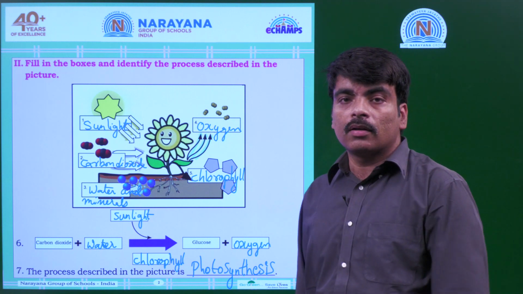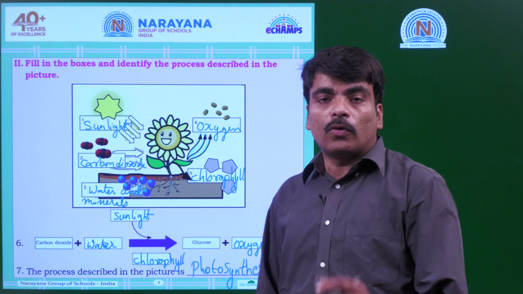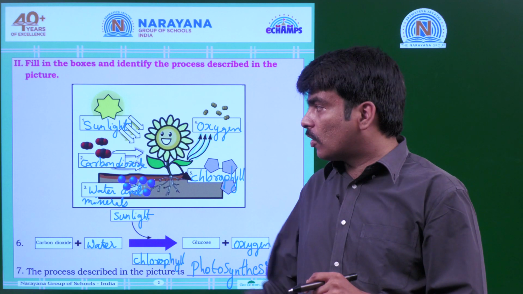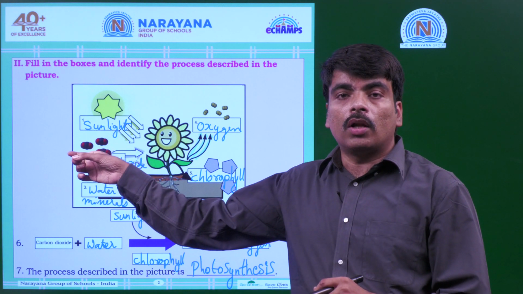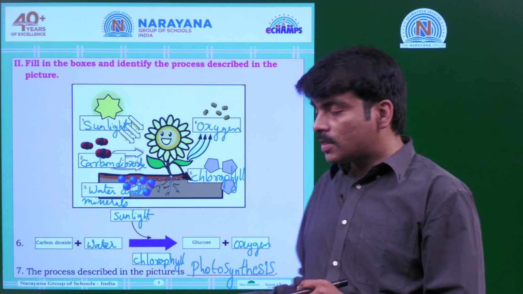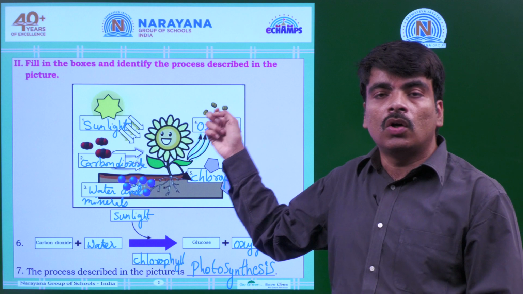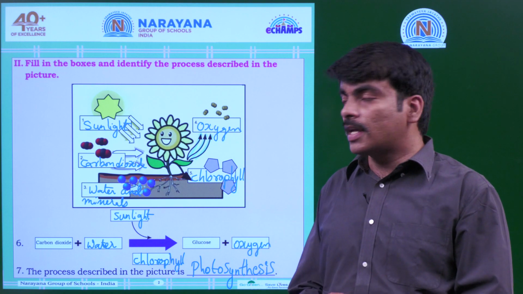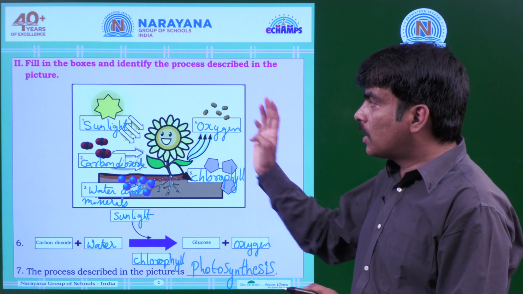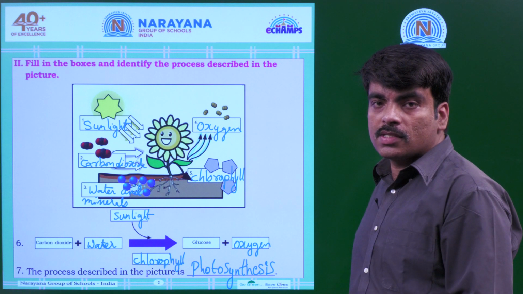So let us define photosynthesis. Photosynthesis is the process of making food by the plant in the presence of sunlight, carbon dioxide and water. It prepares food called glucose and releases the gas called oxygen. All this takes place in the chlorophyll of a leaf. So this entire picture is showing the process of photosynthesis.